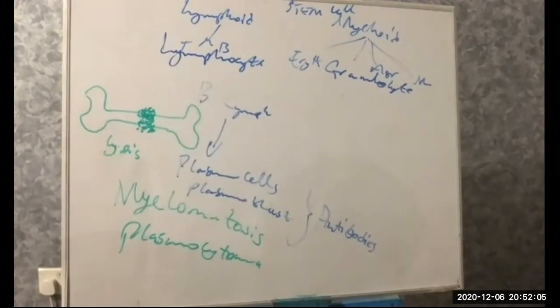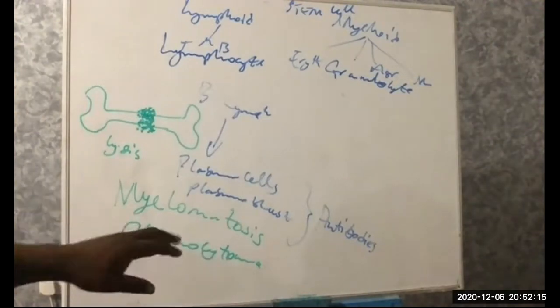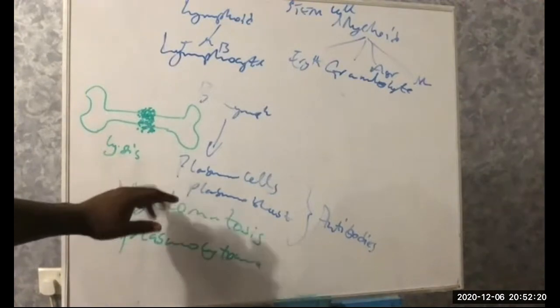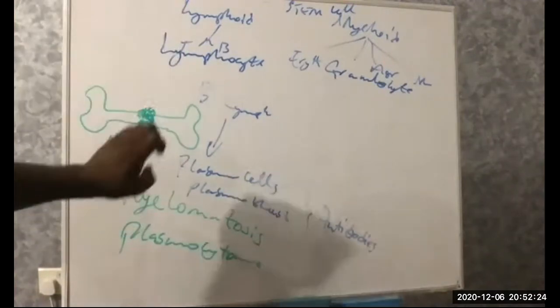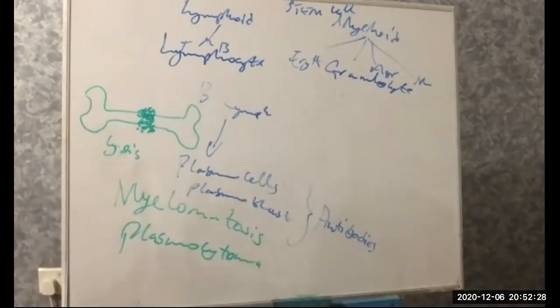The funny thing is that because these plasma cells keep on dividing, some will spill over into the blood, and they will keep on producing abnormal proteins, which we call the paraproteins, and some will be secreted in the urine as Bence-Jones proteins.